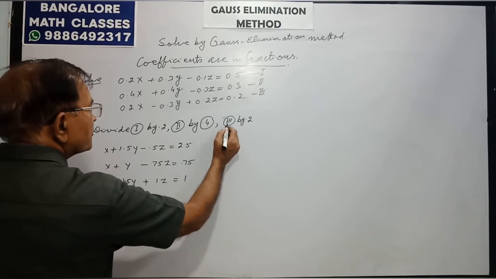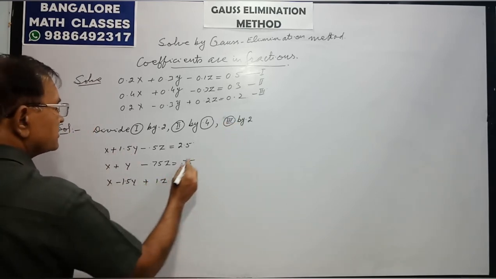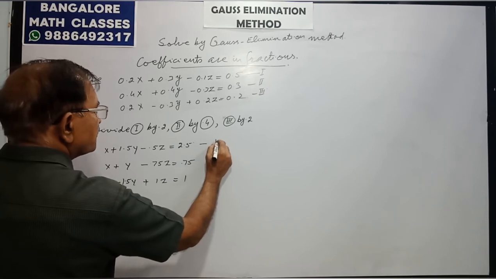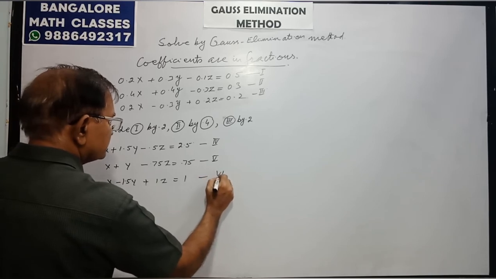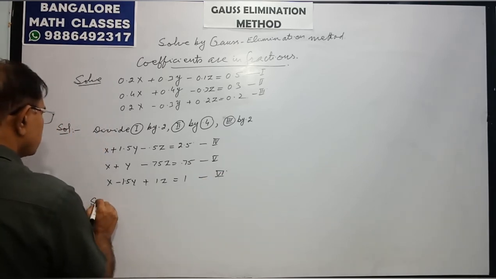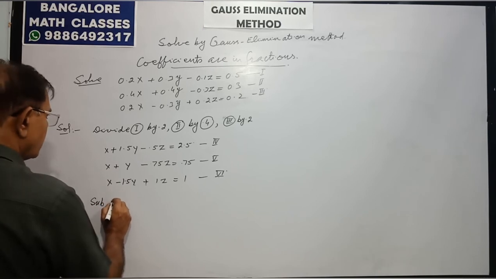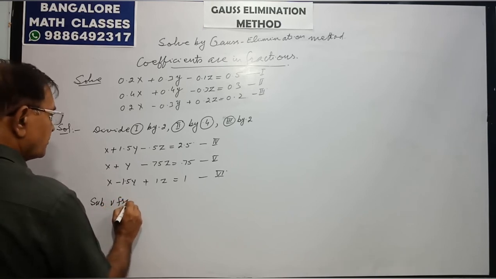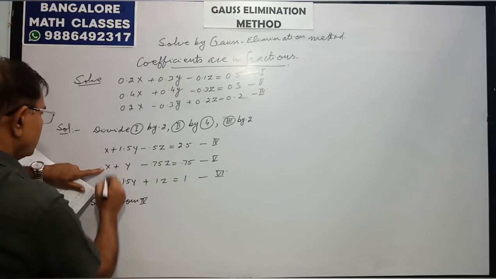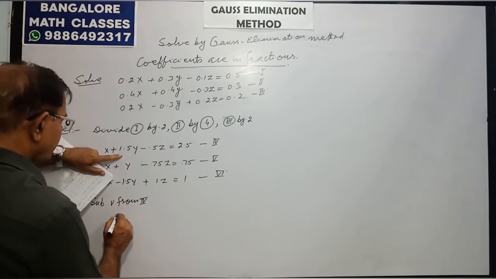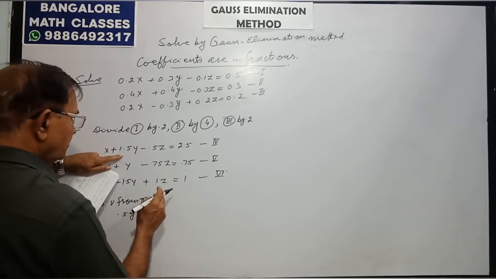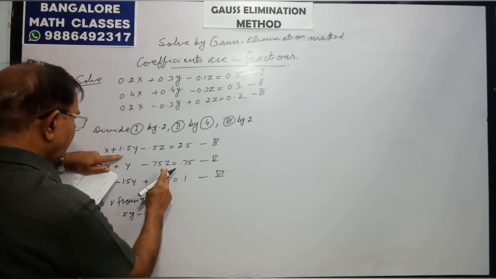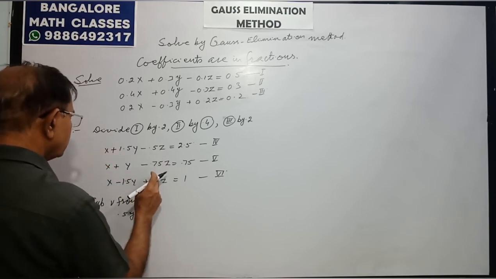Now what we will do? We will subtract. Say these are equations 4, 5, 6. Subtract 5 from 4. X we can cancel. We will get 0.5y. Subtract 5 from 4 means we have to change the sign of this.